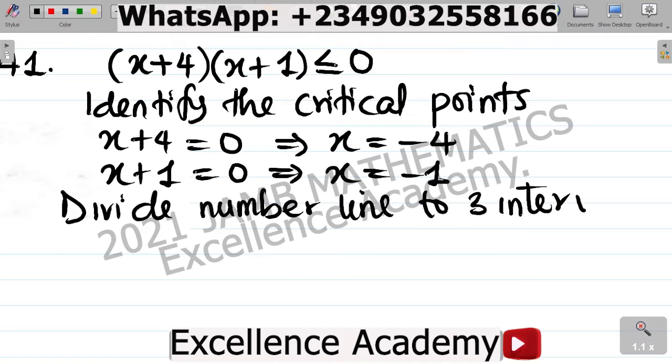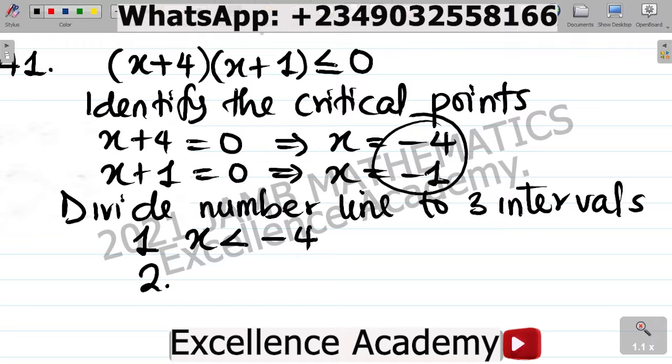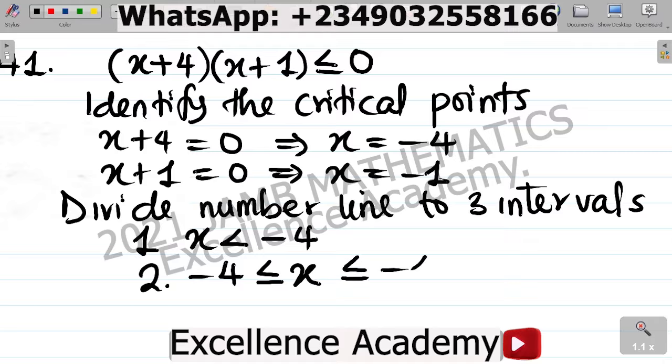The first interval is that x should be less than minus 4. The second interval is between these two, which means minus 4 is less than or equal to x, and also x is less than or equal to minus 1.